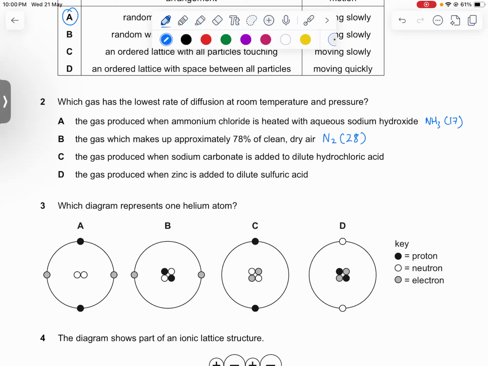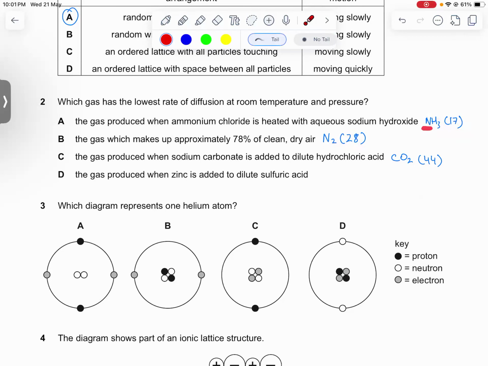The gas produced when sodium carbonate is added to hydrochloric acid is carbon dioxide. And the mass of carbon dioxide, you should remember, is 44. How do I remember that the mass of carbon dioxide is 44, or that nitrogen N2 is 28, or NH3 is 17? All you have to do is go to the periodic table and add their masses.